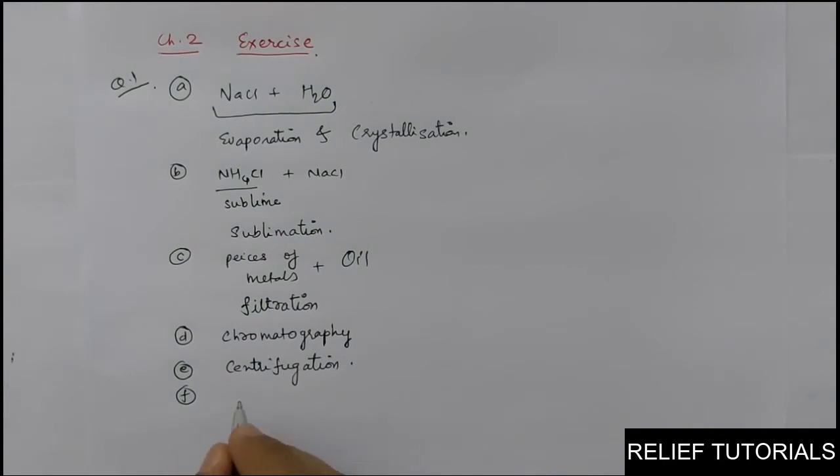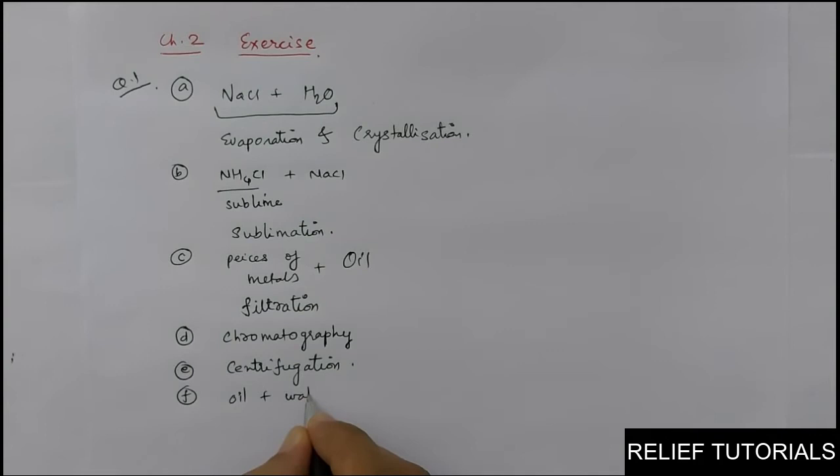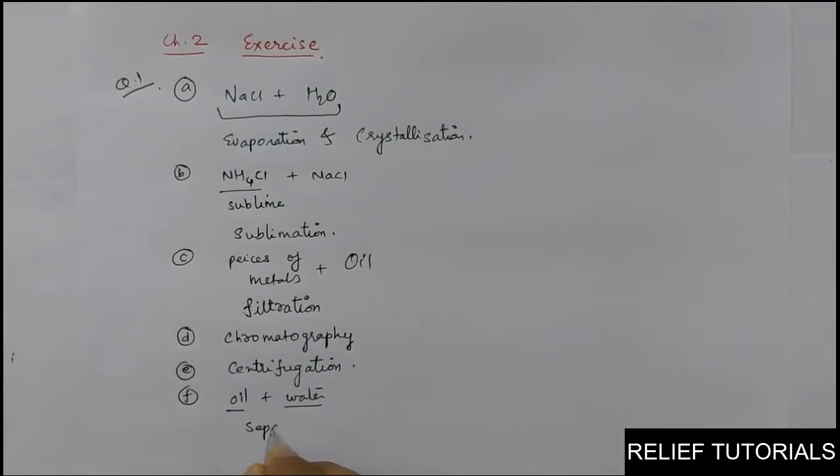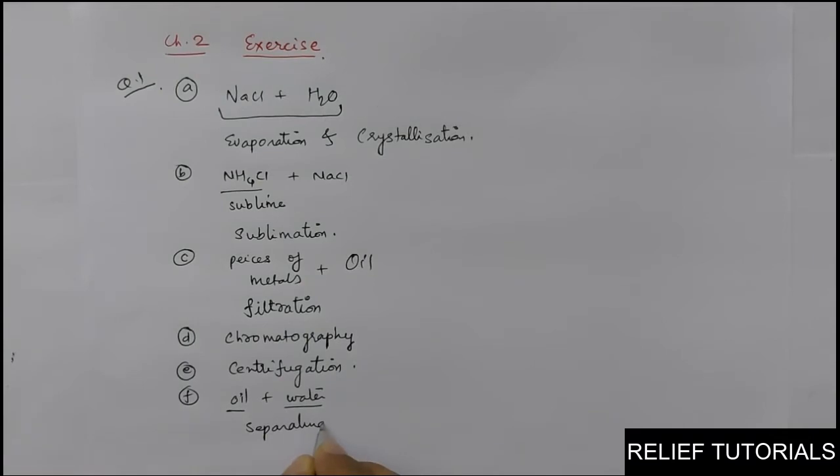Next, we have to separate oil from water. Oil and water are both immiscible liquids. So when these two get mixed up, they can be separated by using the separating funnel method.